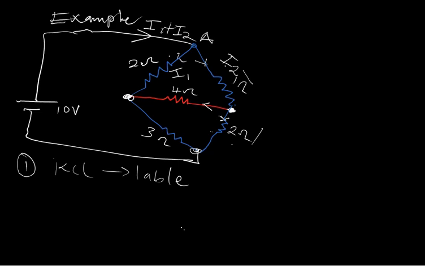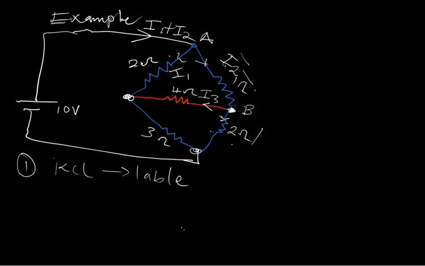So we have the current I2 entering this junction, let me call this junction B. Now there are two currents leaving the junction. Since I2 is entering the junction, I can use I3 to represent the one that is branching through this 4 ohm resistor.